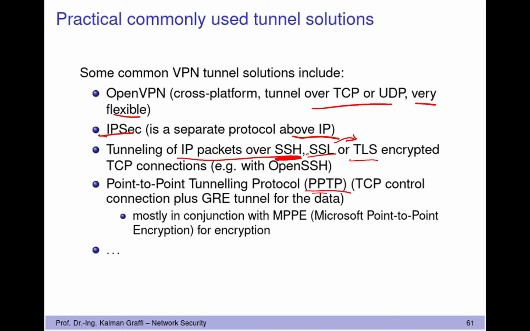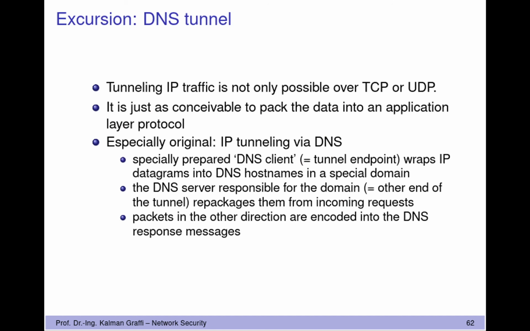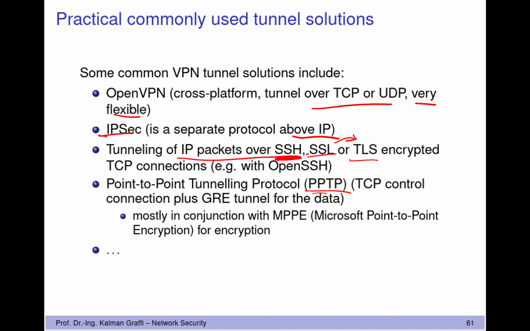Point-to-point tunneling protocol. This is what sometimes in the modem or in remote login setups is created, where you don't want to connect networks, but more just one device to a network. We will have a look at how this can be done. But one example I wanted to showcase to you is DNS tunneling. The message of this slide is that there are various layers where you can embed your IP packets.